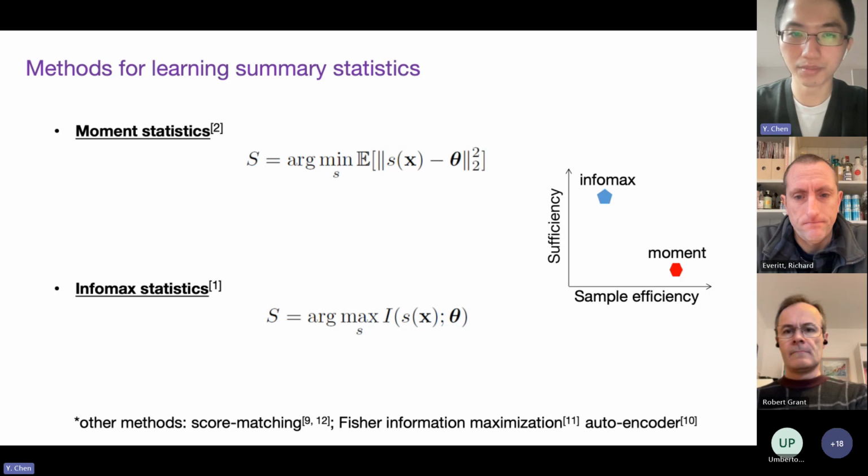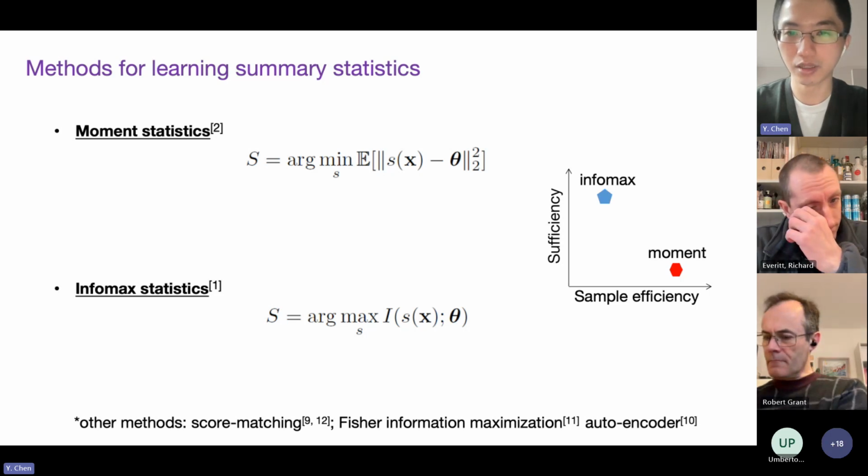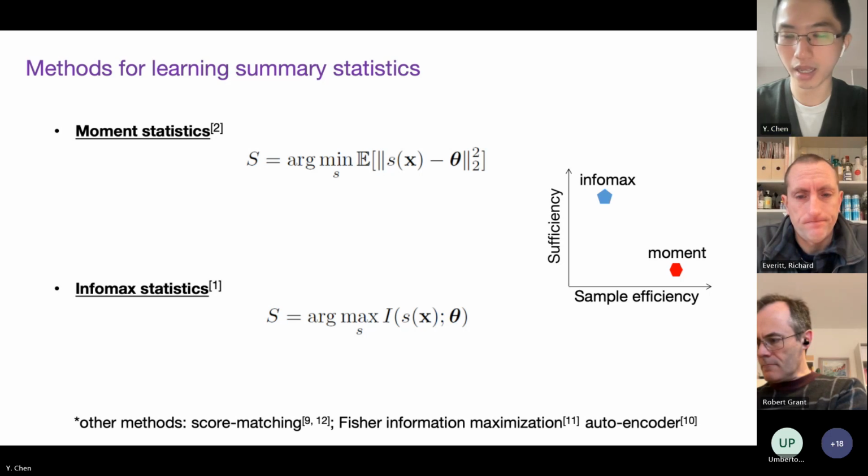On the other hand, this moment-based approach has better sample efficiency because in this approach, we just need to solve a simple regression problem. However, this approach generally does not yield sufficient statistics. Actually, we can show that the moment-based approach optimizes a lower bound of mutual information. So this means that it will always lose some information.